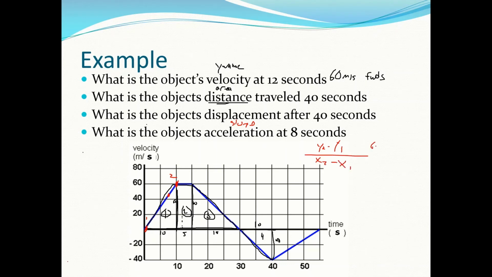My y2 is 60 meters per second minus 0. My x2 is 10 seconds minus 0 seconds. 60 divided by 10 is 6 meters per second squared. And acceleration is a vector, so I'd have to add on forwards to that.